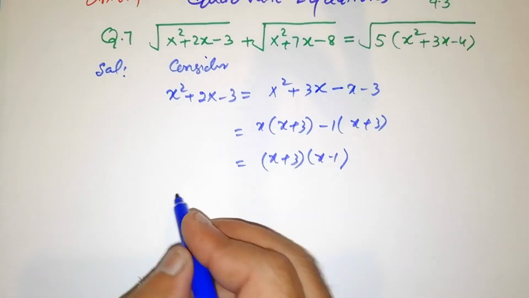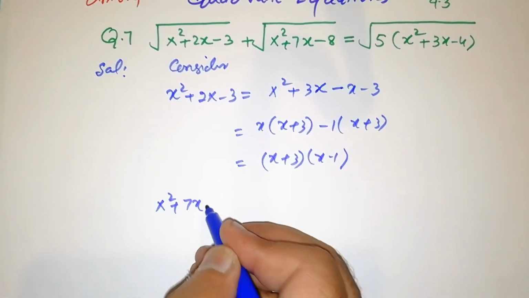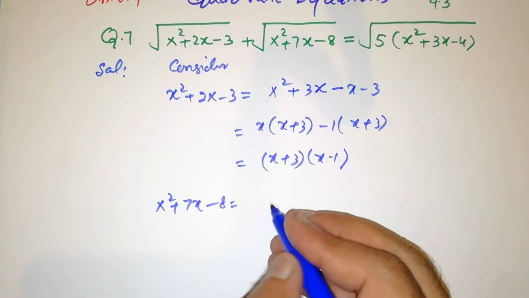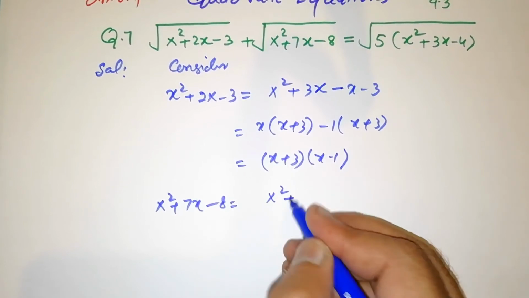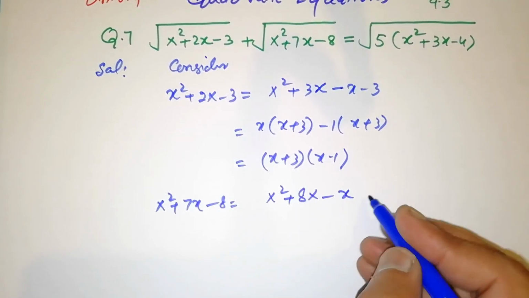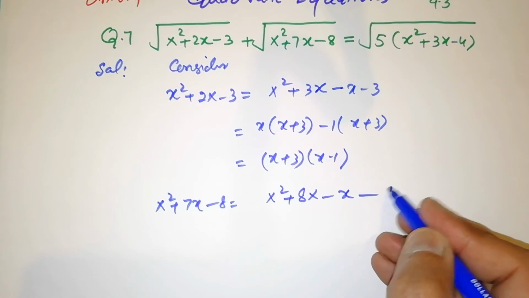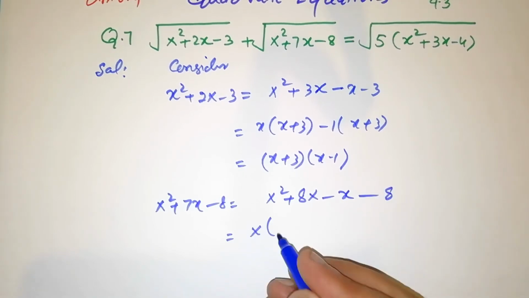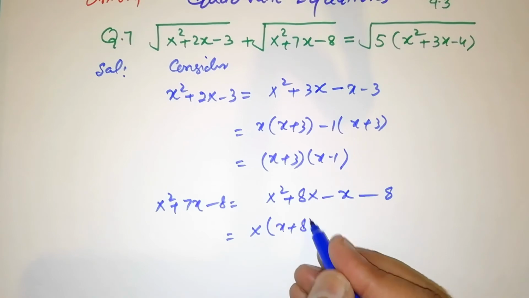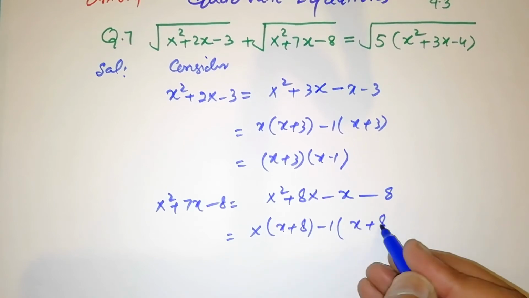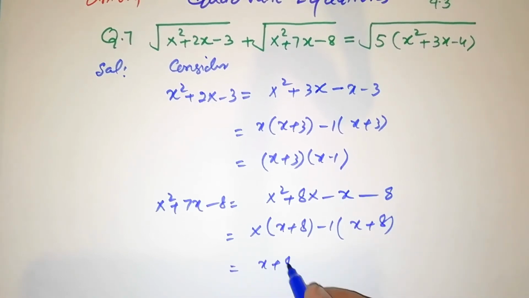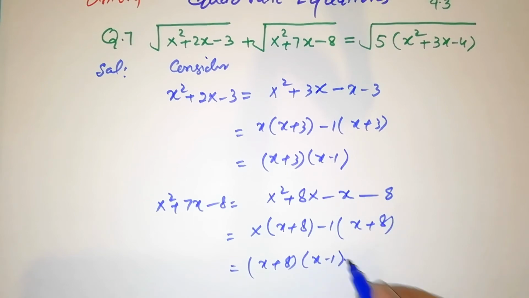Now we take this second term, x² + 7x − 8. This is x² + 8x − x − 8. Therefore we take x common, x(x + 8) − 1(x + 8), which gives (x + 8)(x − 1).